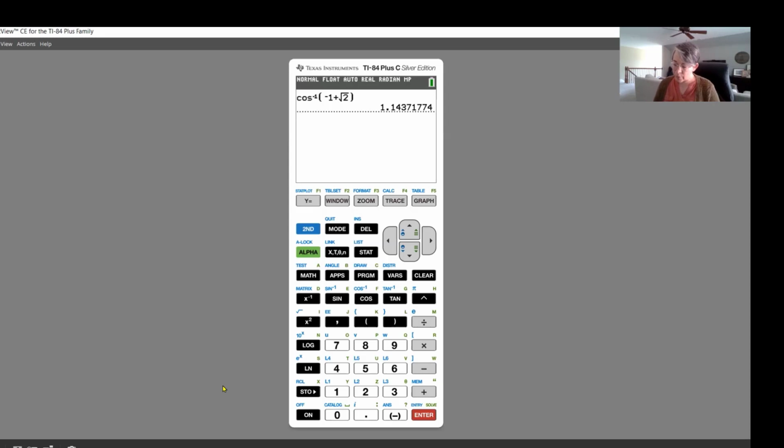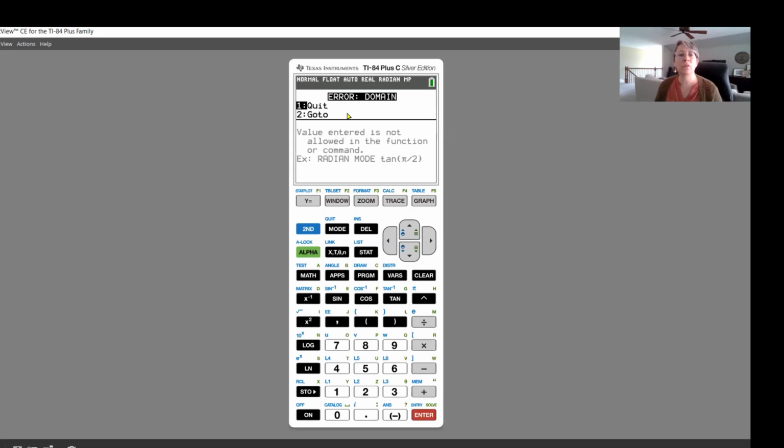But notice what happens when I put the other version in. I'm going to hit second function entry to copy what I had before, and I'm just going to change that plus sign to a minus sign. So notice I got to use the minus symbol here, not this guy. It is subtraction. And look what we get. Oh, it's a bummer, right? Value entered not allowed in the function or command.